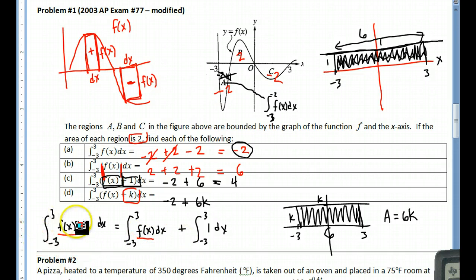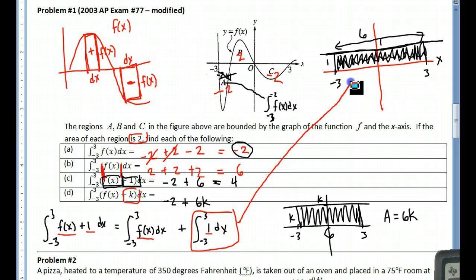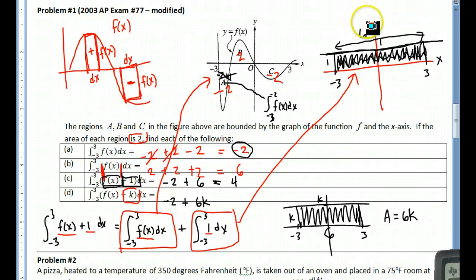So find the area of this plus the area under the curve of 1 from -3 to 3, so like just a horizontal line, right? Yes, and that's what this one was. So this part would be found by looking at that graph, and this part is found from looking at this graph, because these are 2 functions. This is f of x, that's just 1.